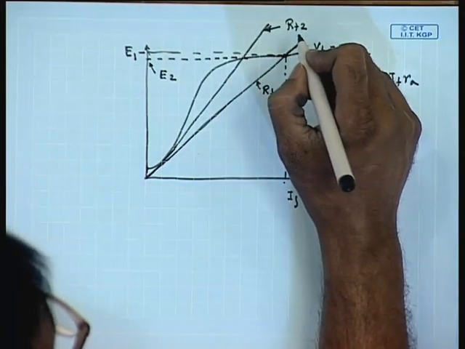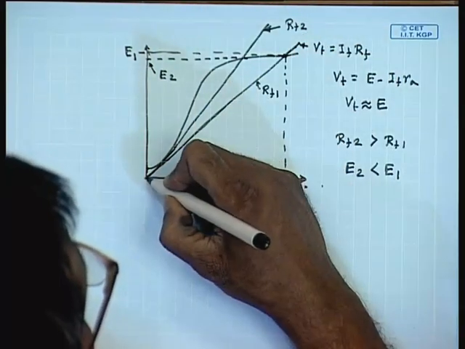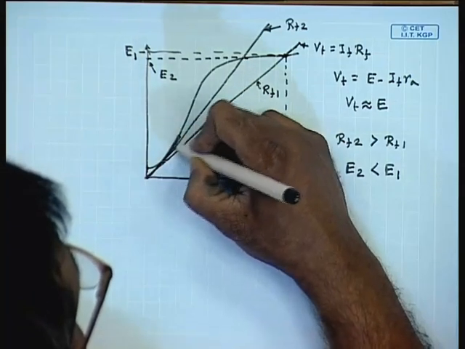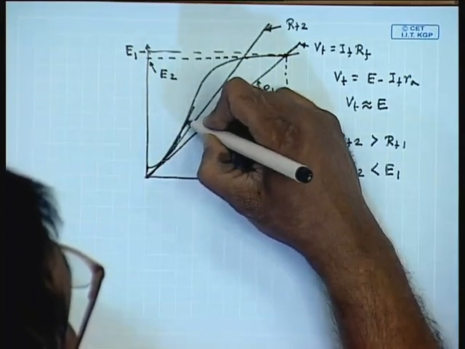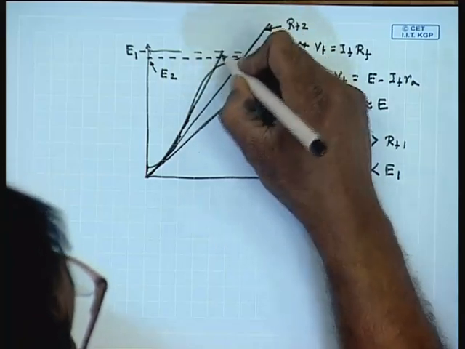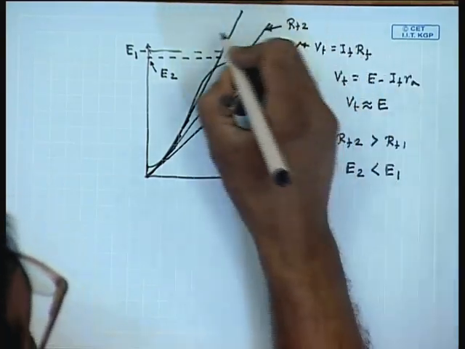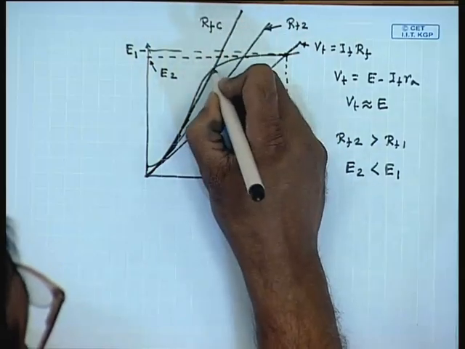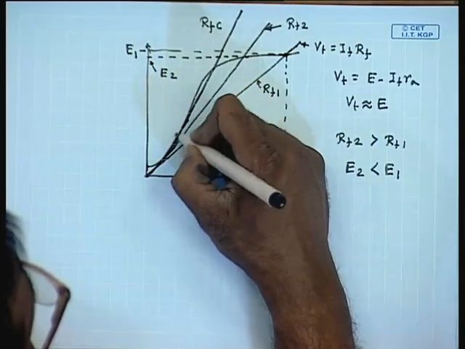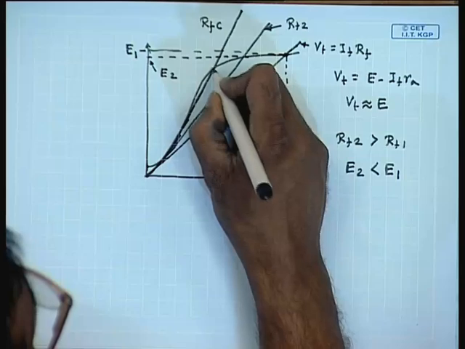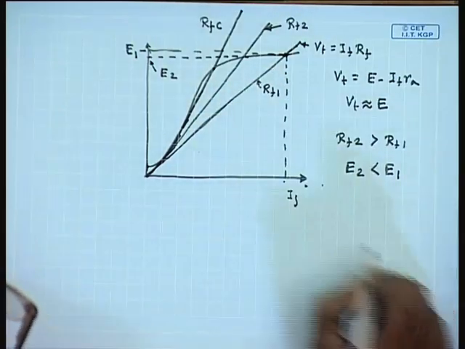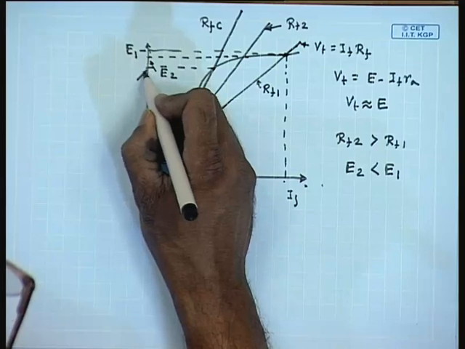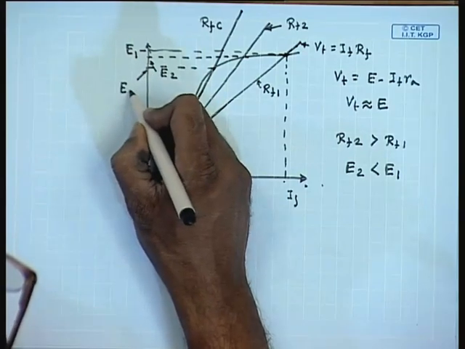We can conceive a situation where the field resistance is such that the field load line is tangent to the linear portion of the OCC, in which case the excitation voltage will be Ec.